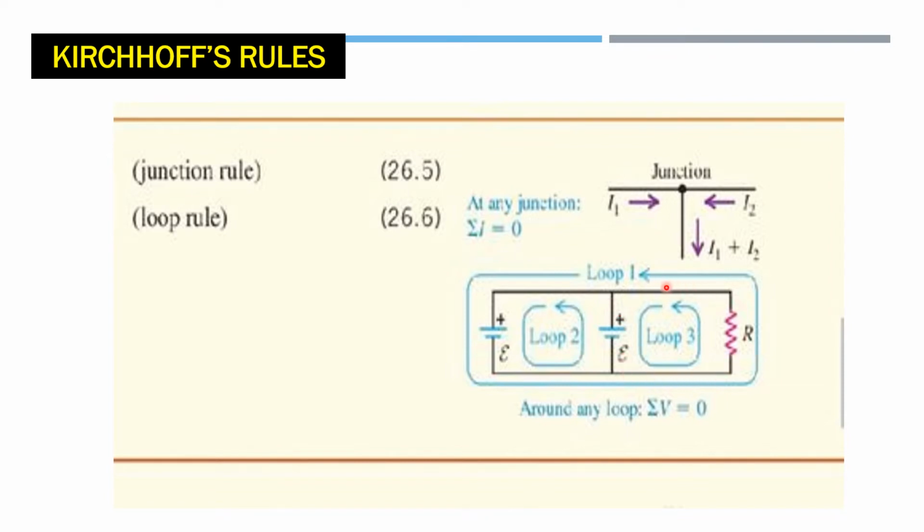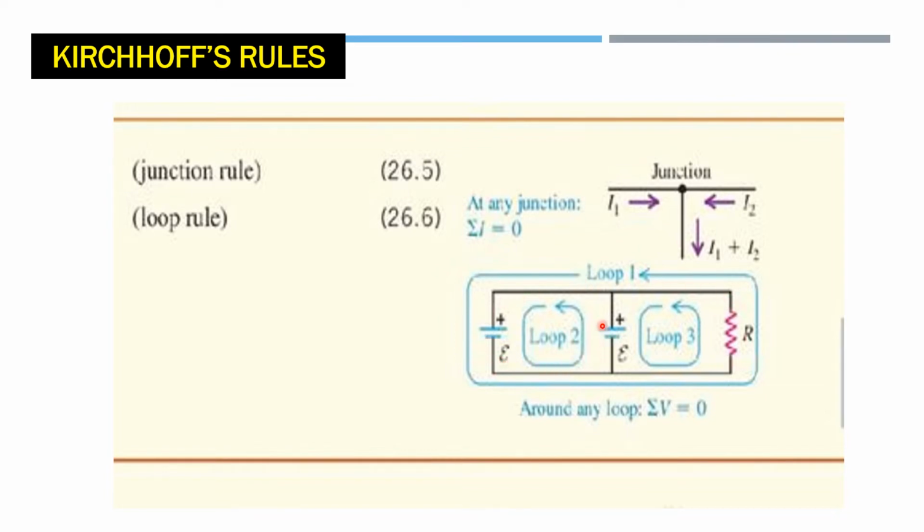According to the loop rule, if you're going to travel around a loop, say around the bigger rectangle, and we go counterclockwise, starting for example at the terminal of the battery, as we travel around the bigger loop, it simply says that the total amount of the voltages, also known as EMFs, must be equal to 0.